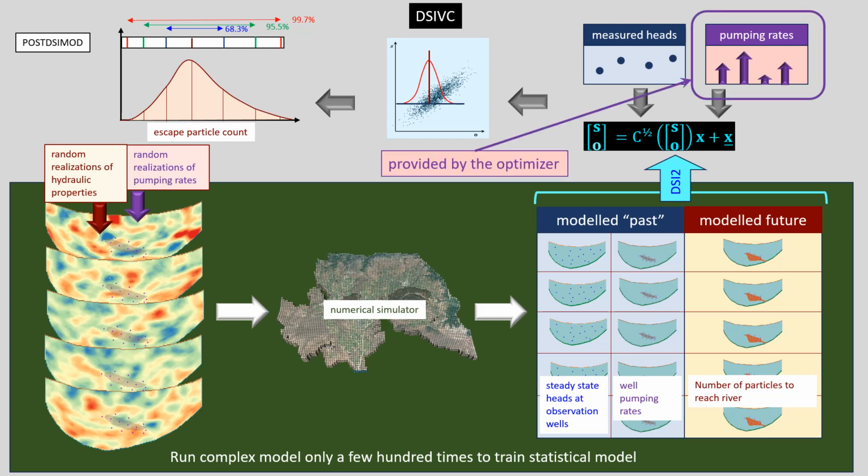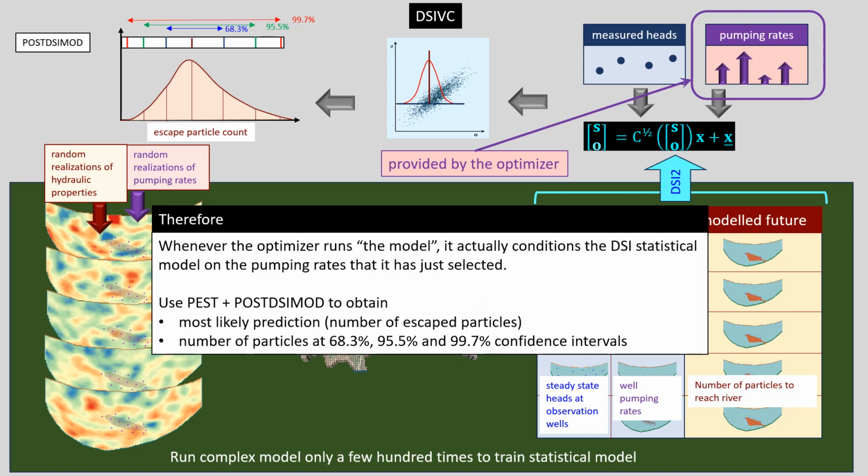Now, when we're doing optimization under uncertainty, it is the optimizer that is going to be selecting pumping rates to test. So every time that the optimizer selects a set of pumping rates, the model that the optimizer is actually going to run becomes a conditioning process for the statistical model.